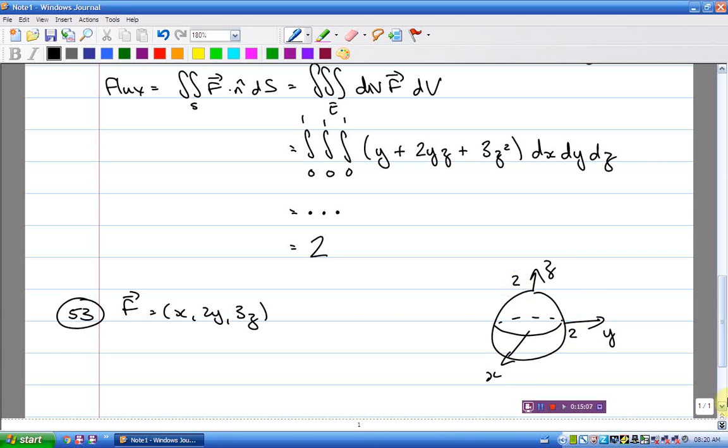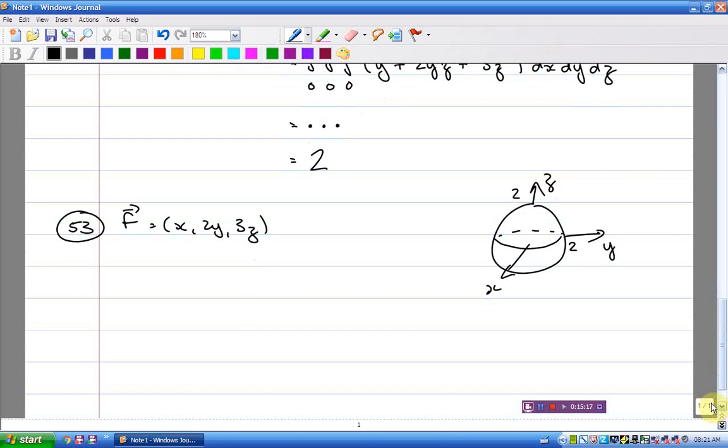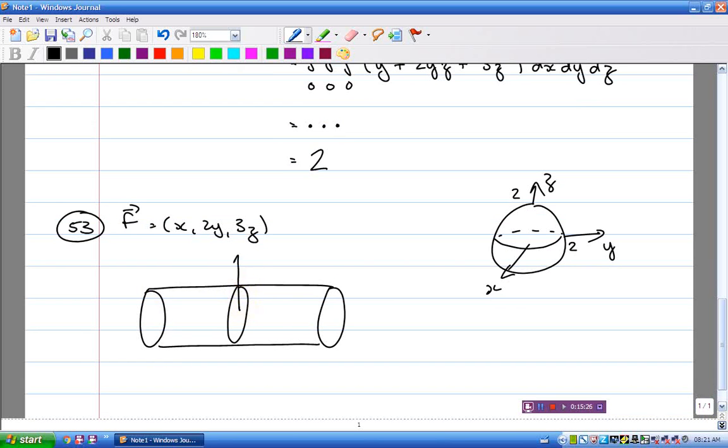Okay, so yeah, question? The flux question that we got in the past test, would that be considered a simple closed surface? No, because the surface was not in the slightest bit closed in the test. The surface that you got in the test was that piece of cylinder.